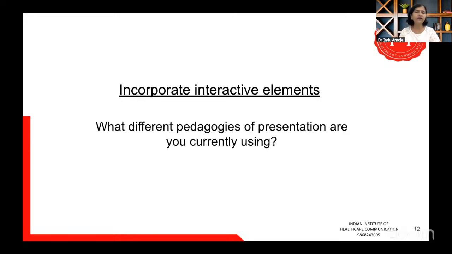Once we have the content ready, we usually prepare a presentation and deliver the PowerPoint presentation, which is not sufficient, which is not really very helpful because people are tired of just watching the PowerPoint presentation. So that is where you have to integrate different pedagogies that can help you make your presentation interesting. So what different pedagogies are you using right now? Write in the chat box.